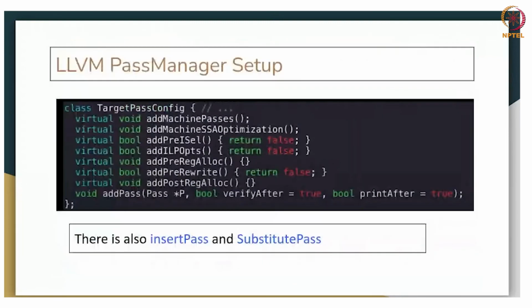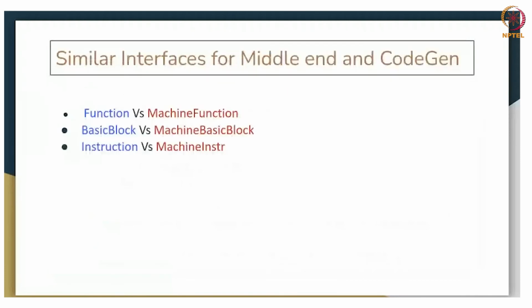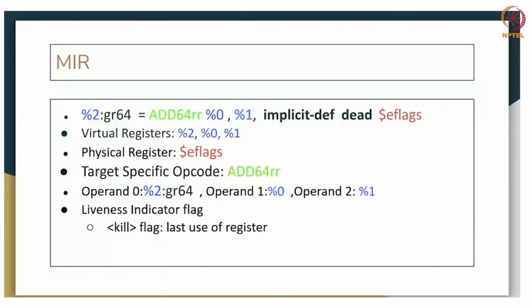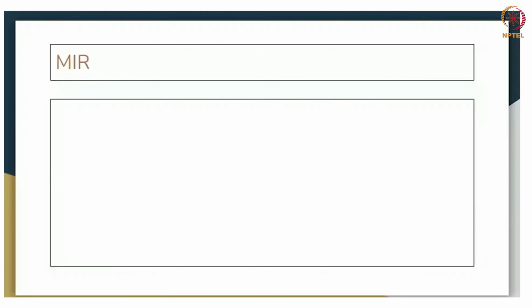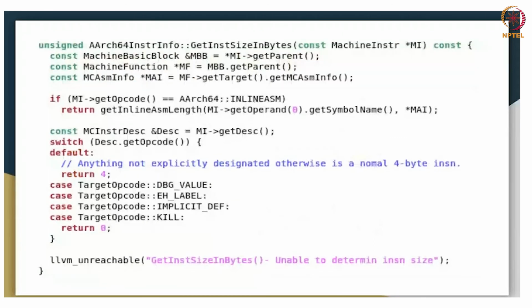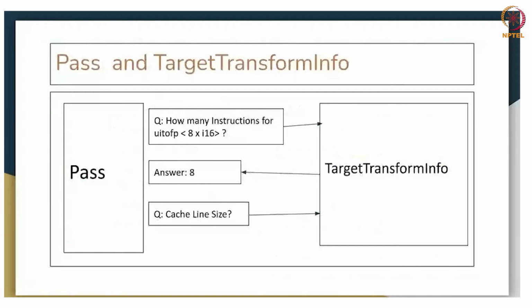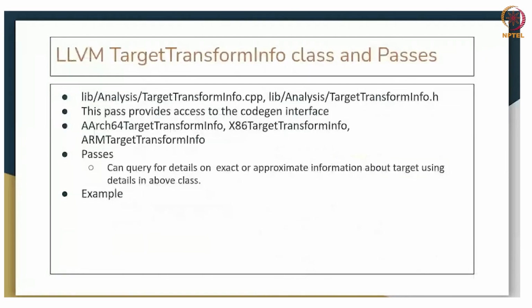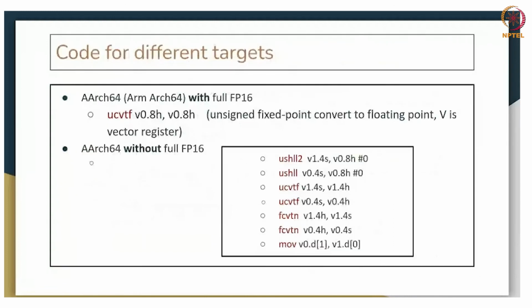It depends, as there are architecture dependent things. For example, the floating point: it depends on whether the architecture supports full floating point, like FP16. Also, suppose you have a for loop and you do loop unrolling for better parallelism, to keep the pipeline full.